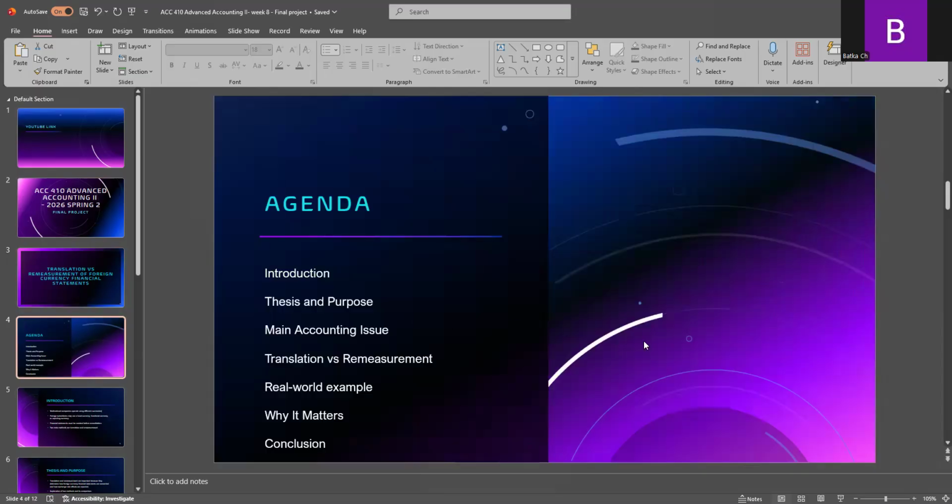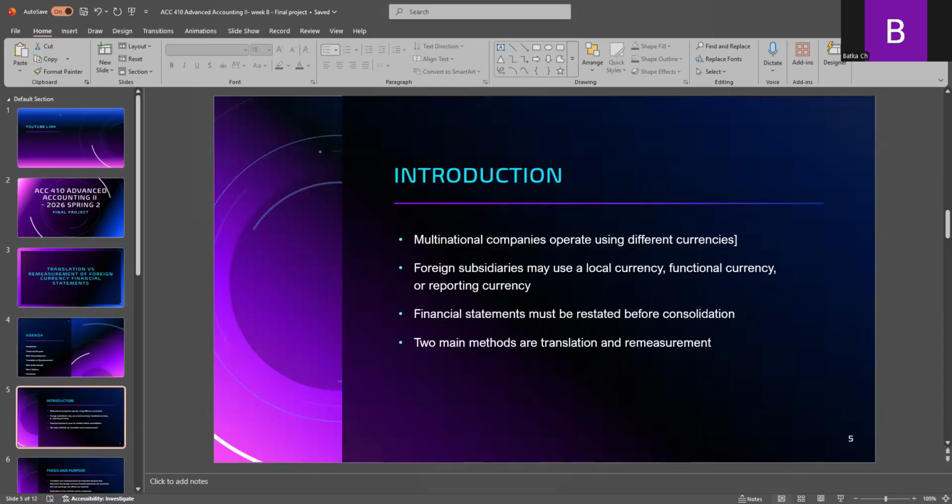Here's the agenda. Introduction. Multinational companies may have subsidiaries that use different currencies.